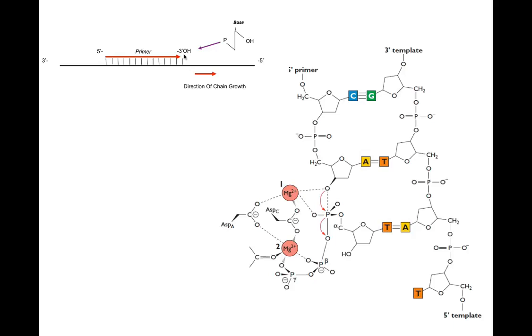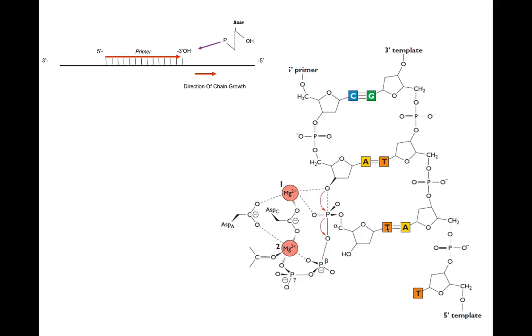As new bases are added, they are, of course, added depending on what the base is in the template strand. So in this example shown here, we have a template strand running in the 3 to 5 prime direction, we've added a C, we have added an A, and you can see they're linked by a phosphodiester bond. And the next base to be added is a T.